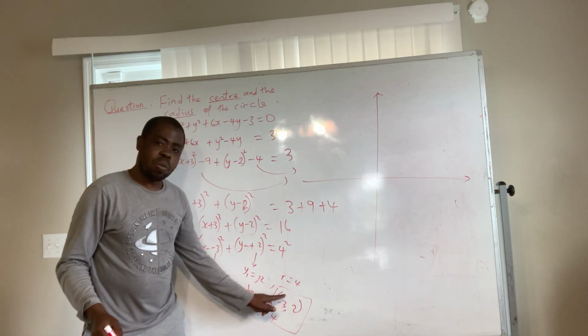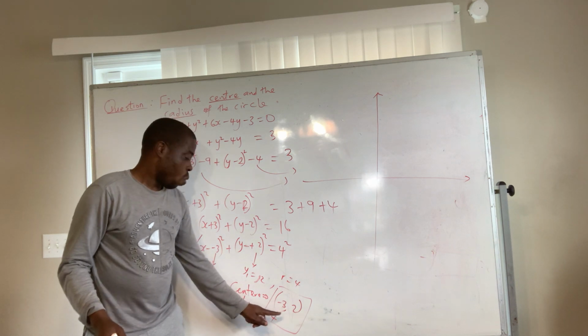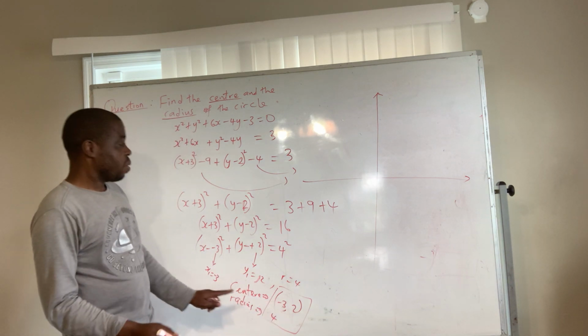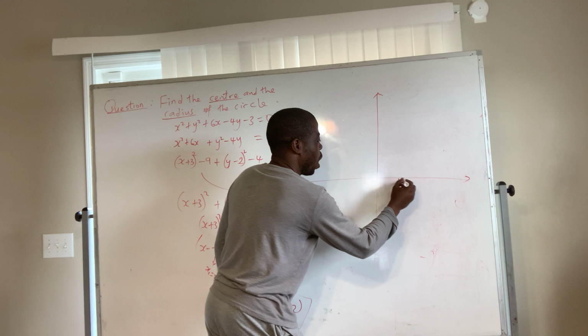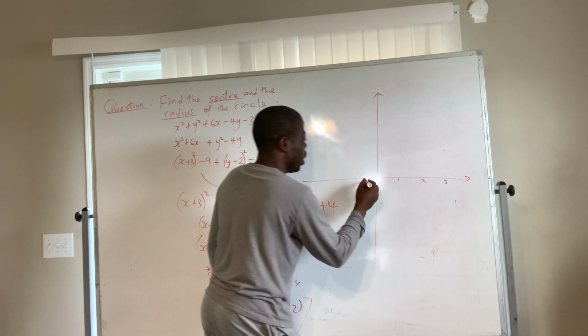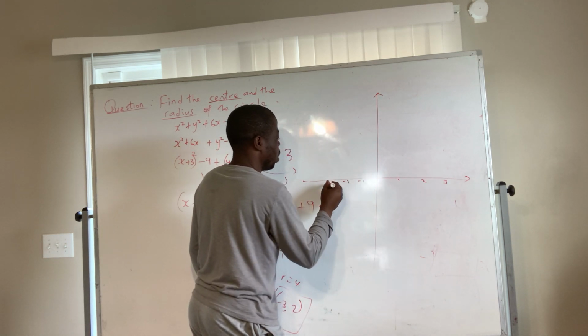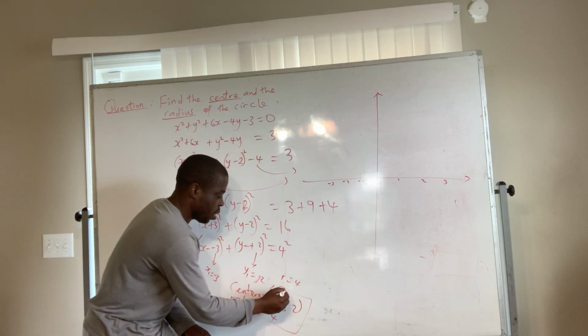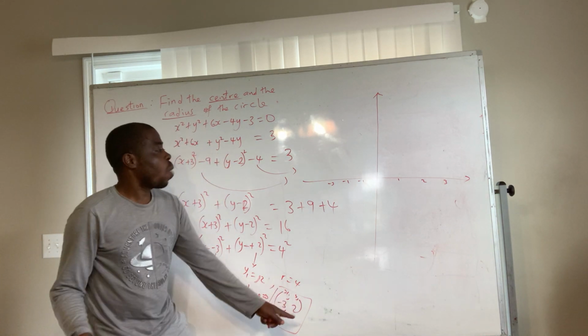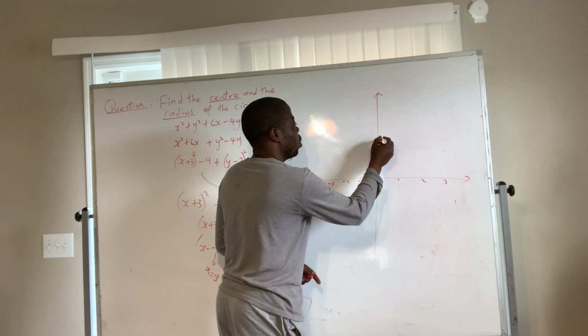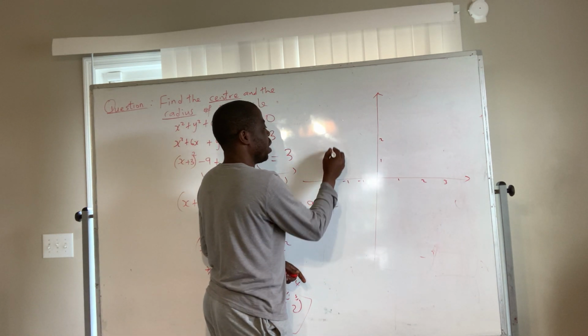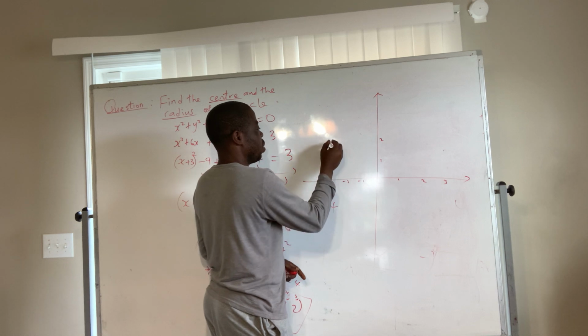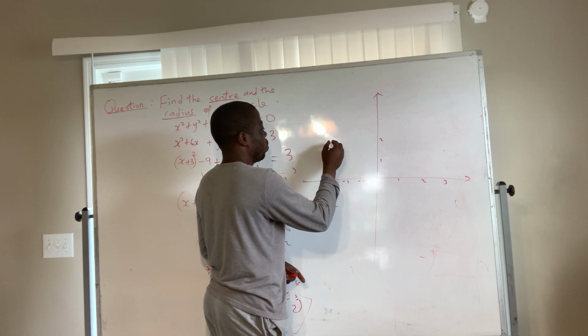I have x to be -3, y to be 2. Okay? So 1, 2, 3, -1, -2, -3. So x is -3. See that? x1, y1. Y is 2. So -3 to 2. That is the center of the circle.